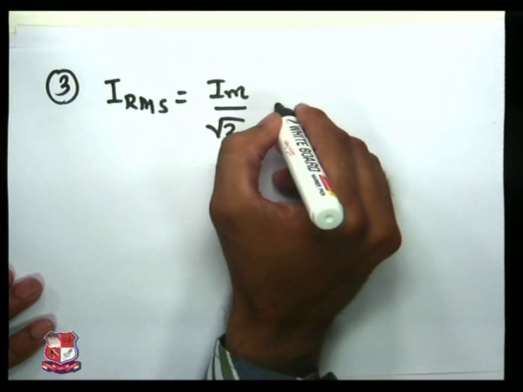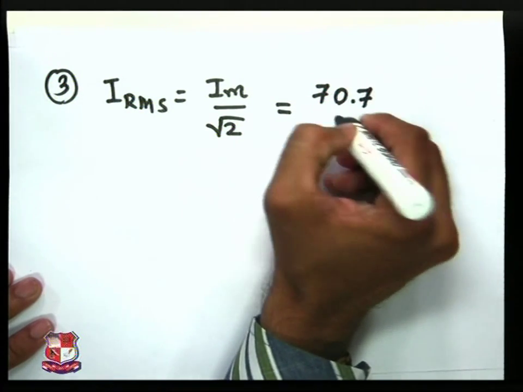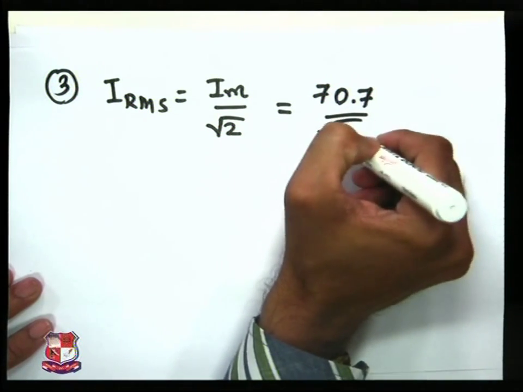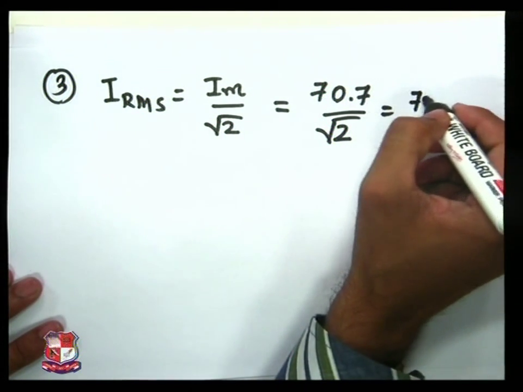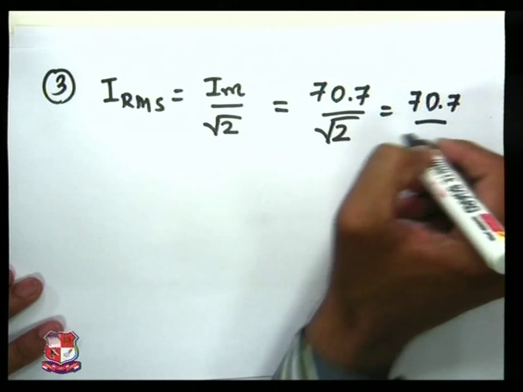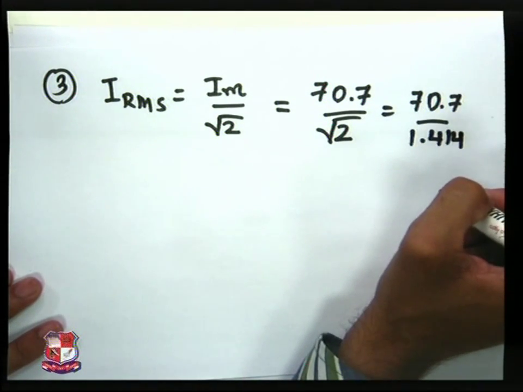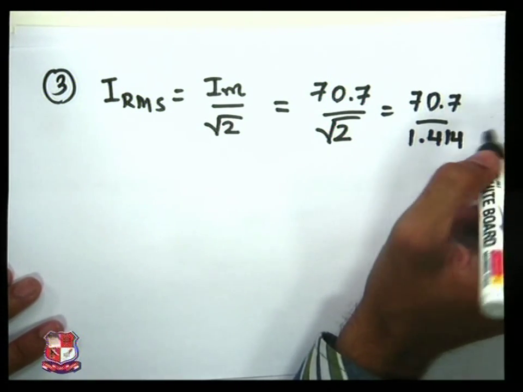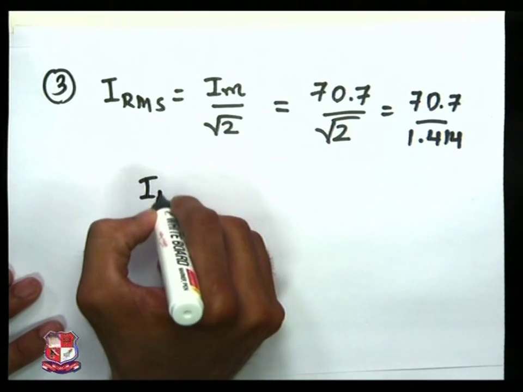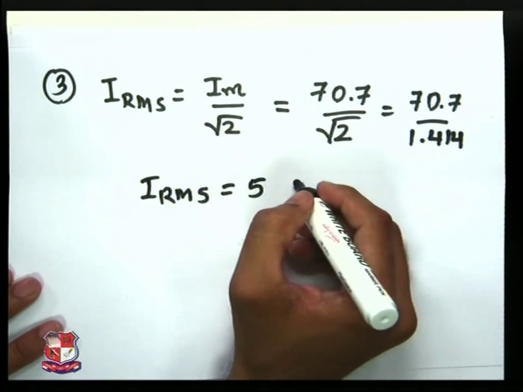We know that the value of maximum current is 70.7, so 70.7 upon root 2. The value of root 2 is 1.414. Now dividing 70.7 by 1.414, we get I RMS equal to 50 ampere.